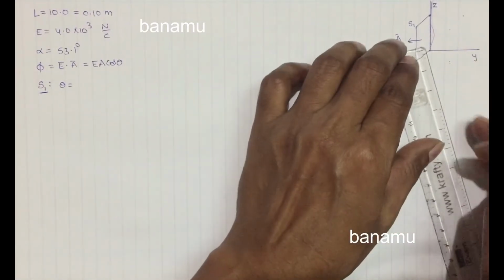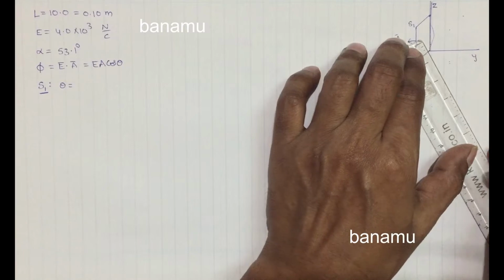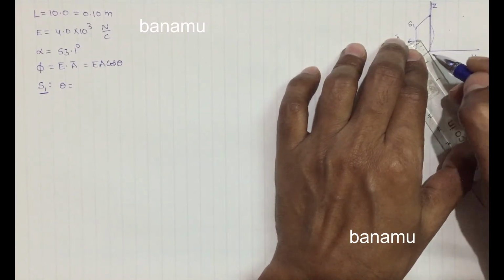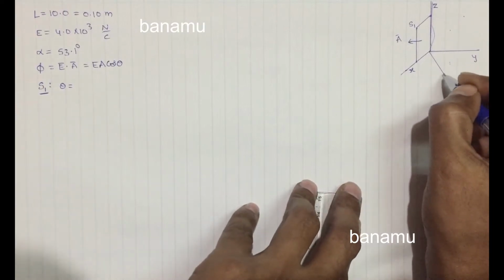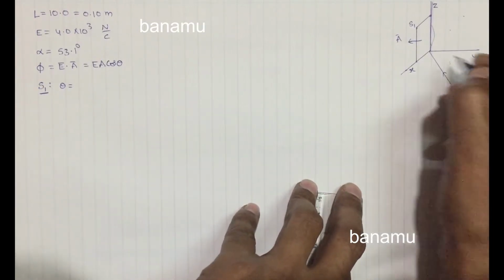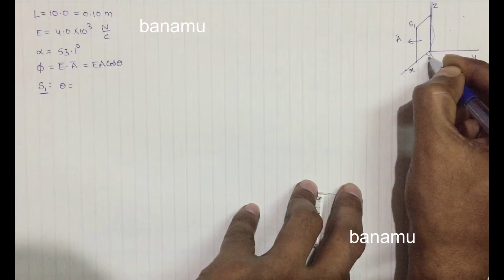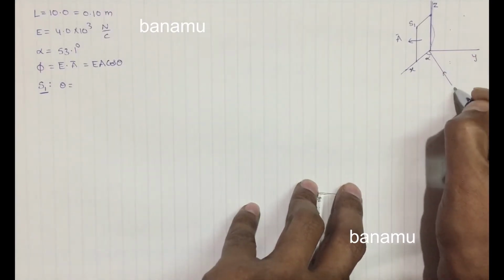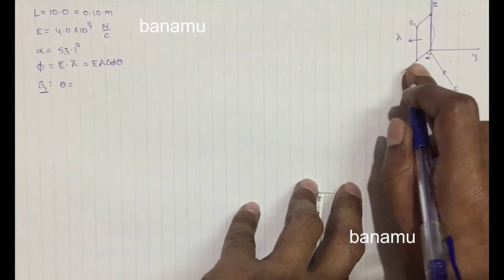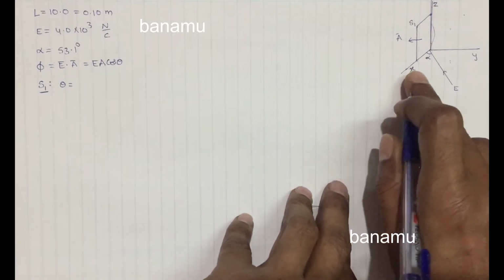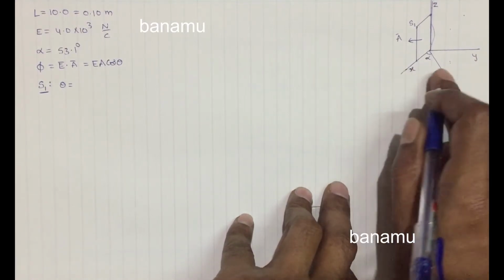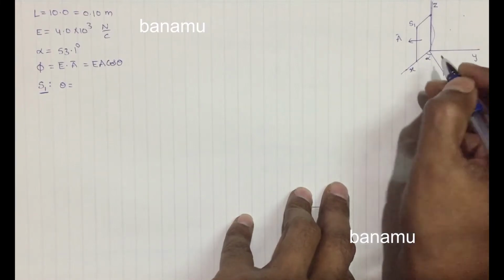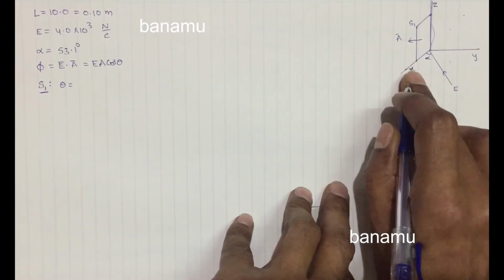This is the direction of the electric field E, and the angle between the x axis and the electric field E is alpha.